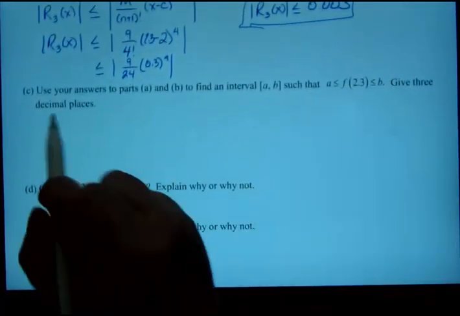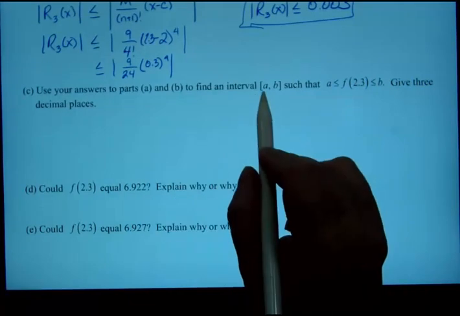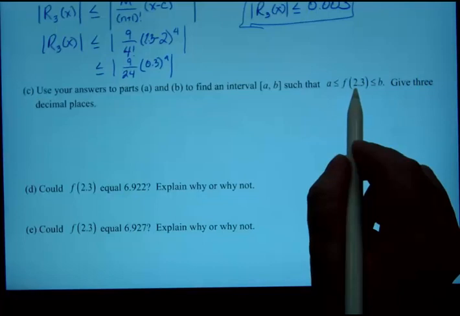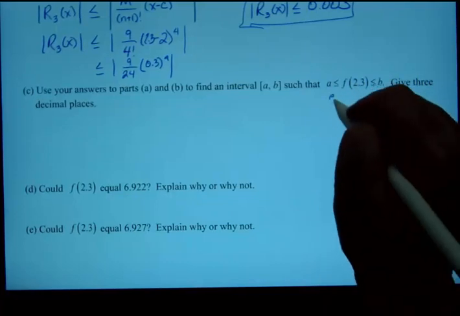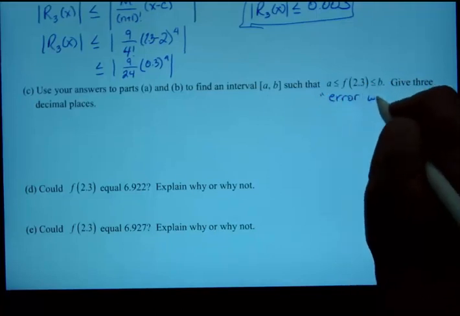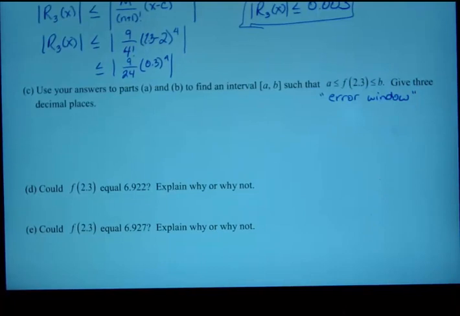It says use your answers to parts A and B to find an interval from A to B such that A is less than or equal to f of 2.3 is less than or equal to B. This is my words, I call this the error window. You are about to construct the error window. And that's basically saying the exact answer is somewhere in this window.